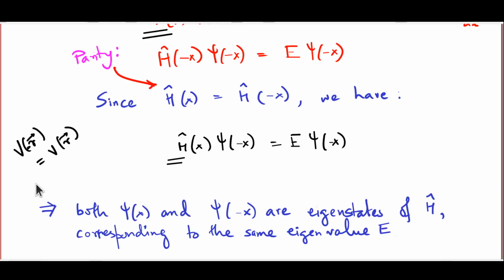So for 3-dimensional problems with central potentials and other potentials which have this kind of symmetry, you do have H(-R) equal to H(R).